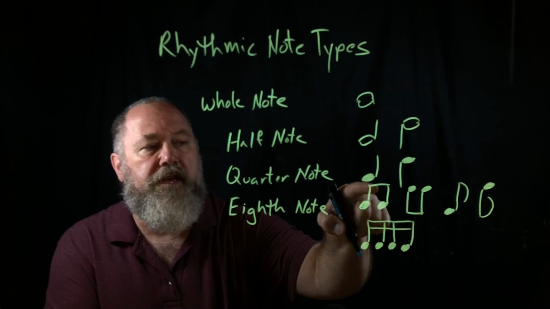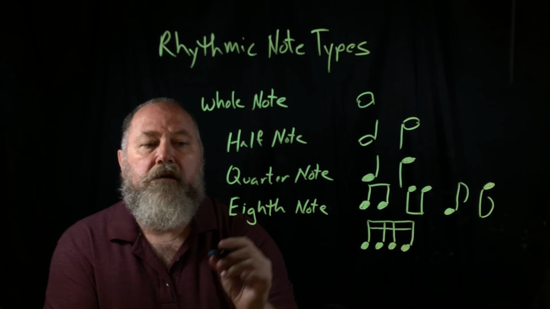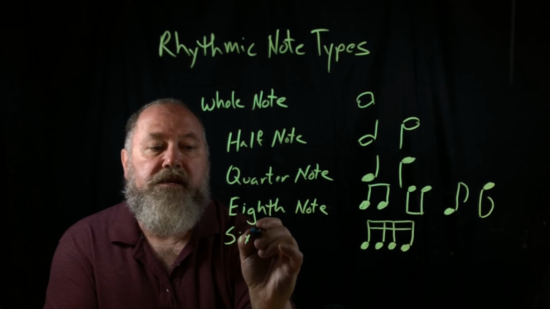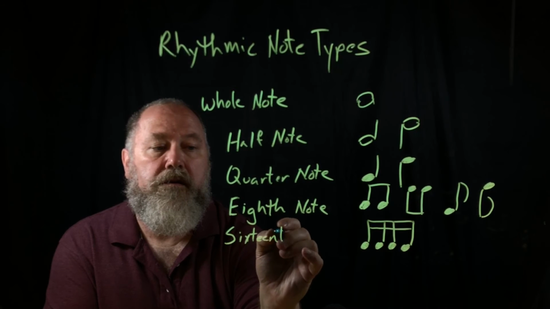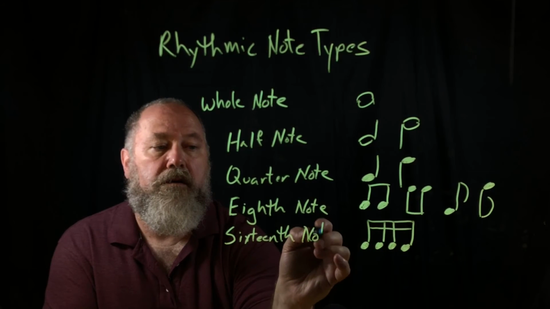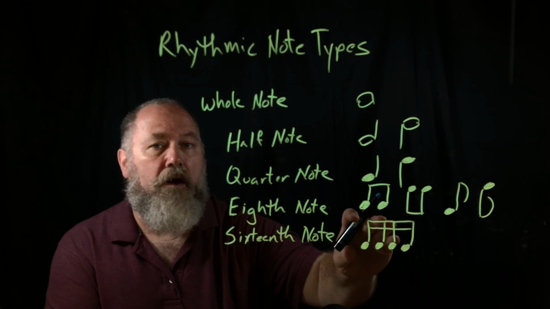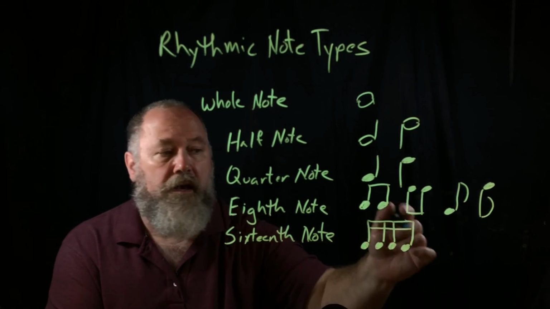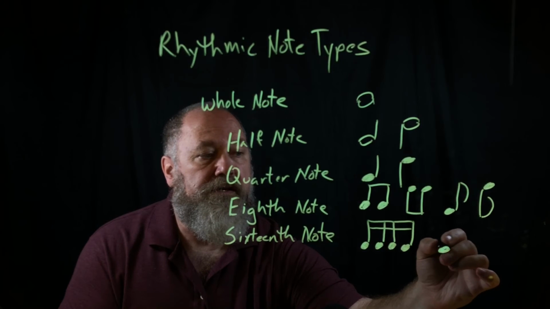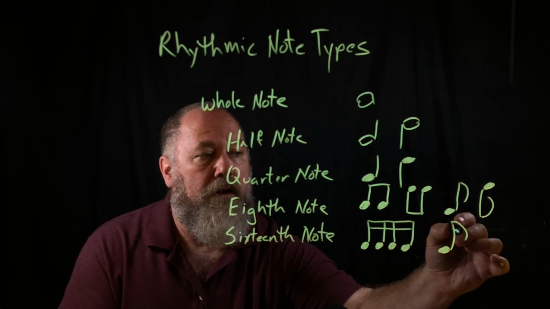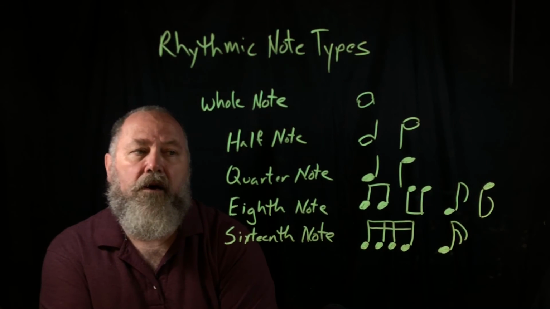See, 1 beam here for the eighth notes, 2 beams for 16th notes. Now, 16th notes can have stems that go up or down, just like the other kinds. And if we want to write a single 16th note, we will hang 2 flags off the stem.